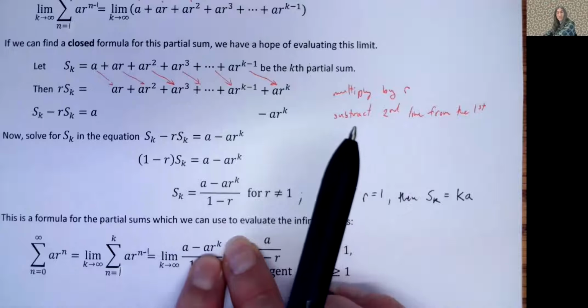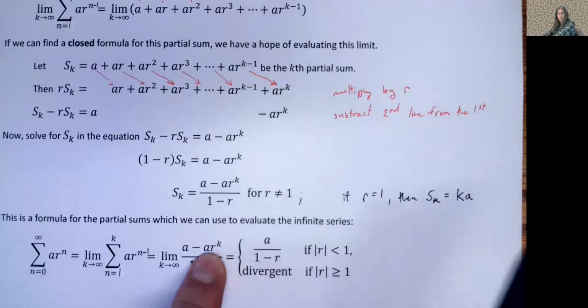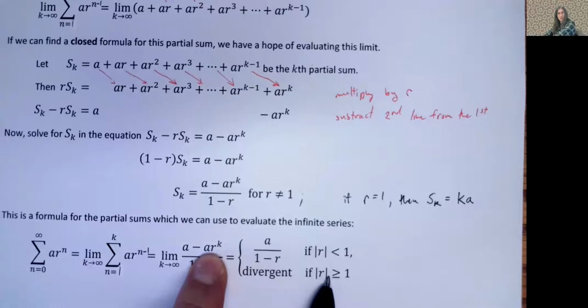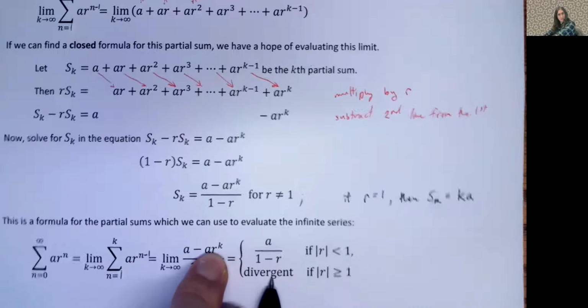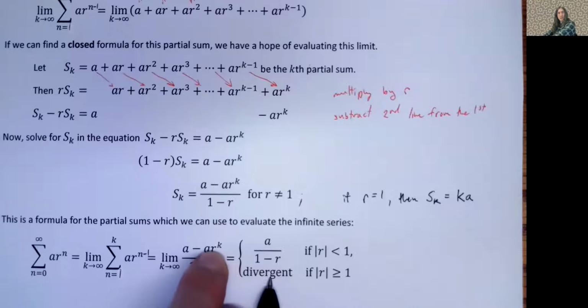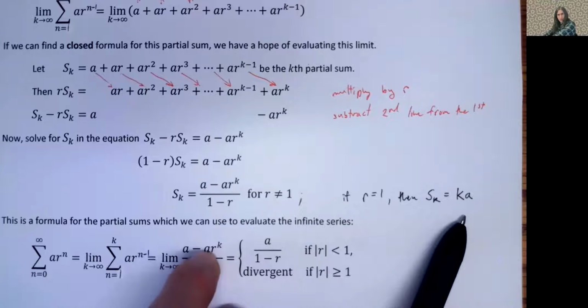If R is positive, then it blows up, right? So that's what happens here. If R is negative, then it blows up and oscillates, so it's still divergent. If R is equal to 1, then we're over here actually.